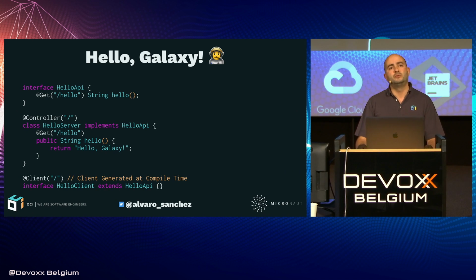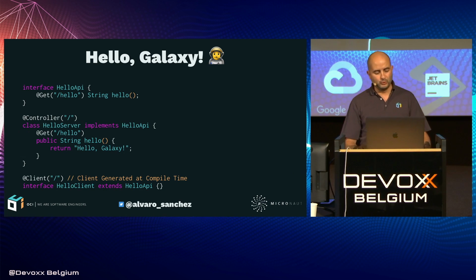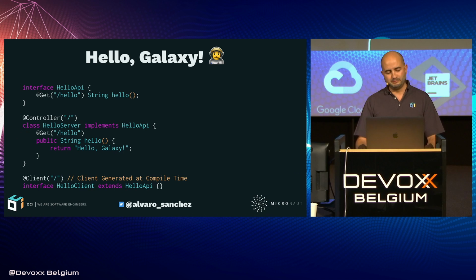This could be compared to Spring Cloud Feign, if you know that. The difference is that we generate the client at compile time. We do dependency injection at compile time. We have an AOP framework, which is implemented at compile time. So we try to keep to the minimum the cases where we use reflection. Actually, I don't think we use reflection at all.